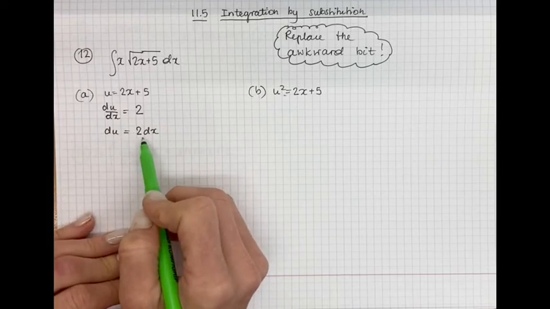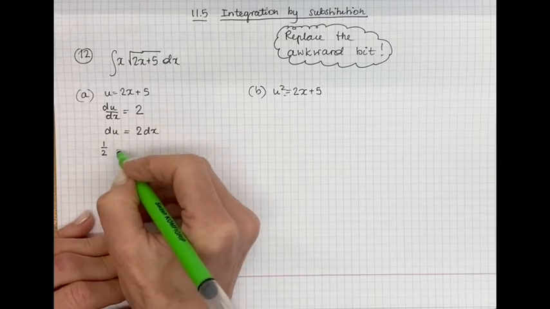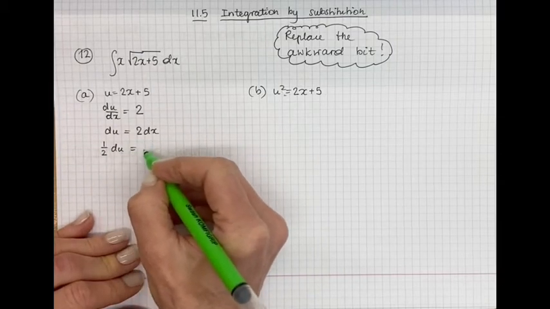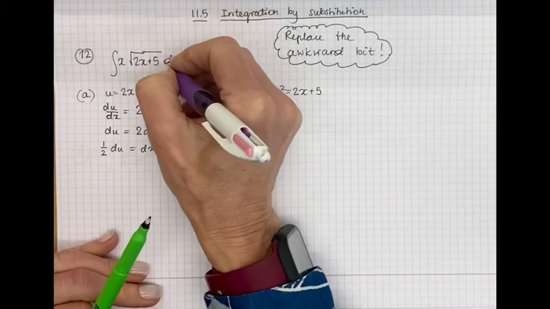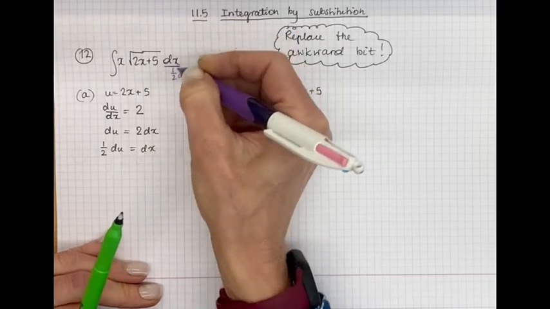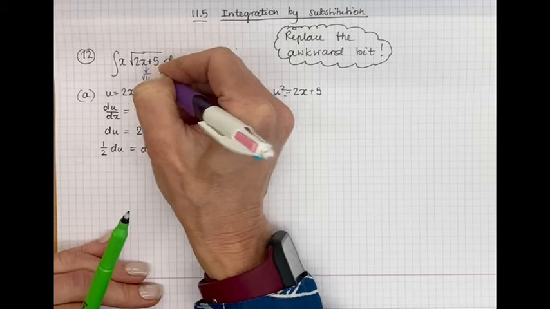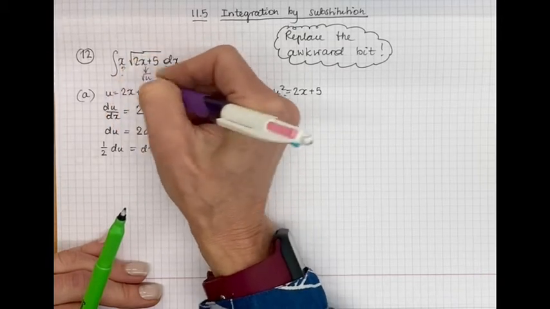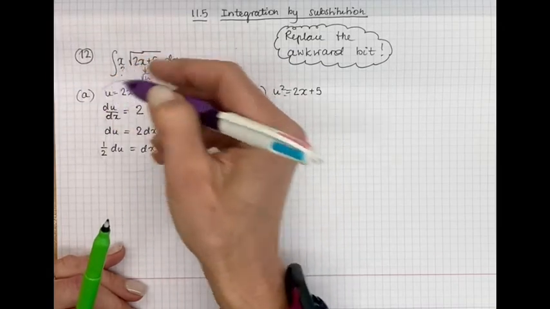So before I carry on, I could see, well, I've got dx, so now I'm going to divide it by 2. So dx can be replaced with a half du. So I've got the replacement for that. Good news, that's going to be half du. Now I've got the replacement for that. That's going to be square root of u. Now, do I have the replacement for that part? And the answer is you always look for this x in this expression.